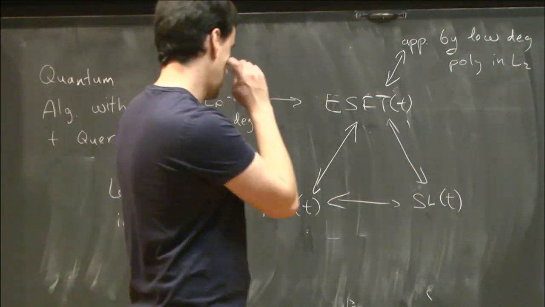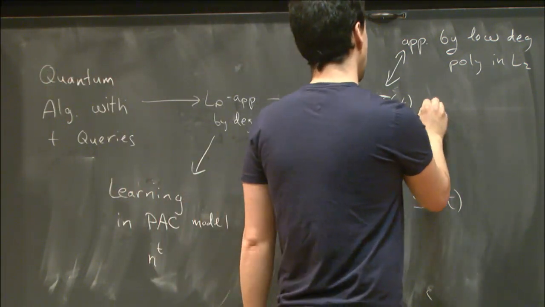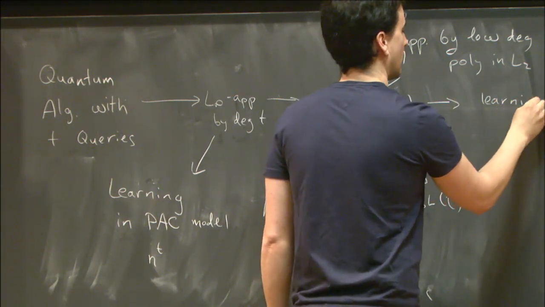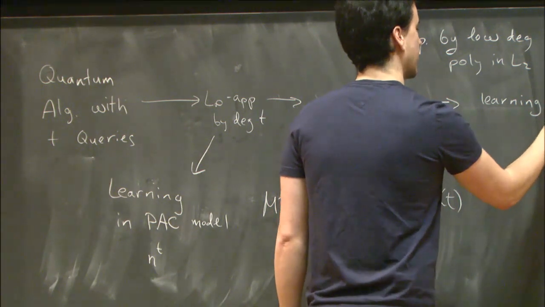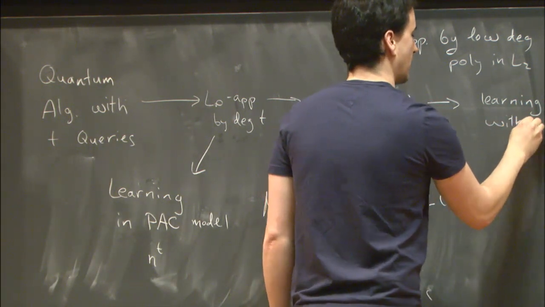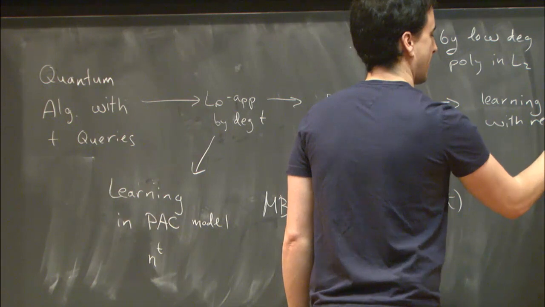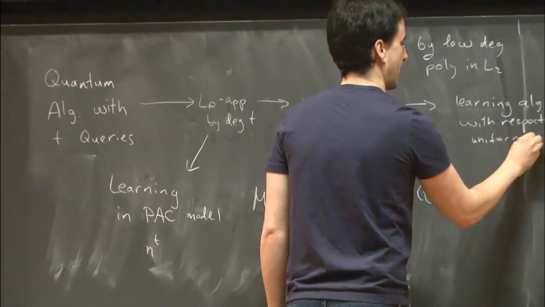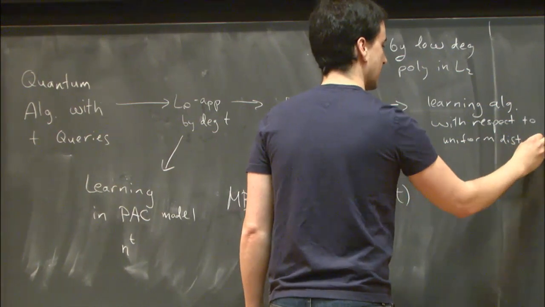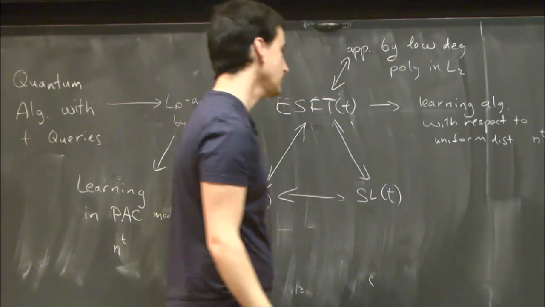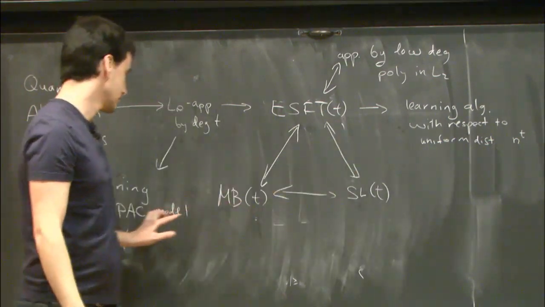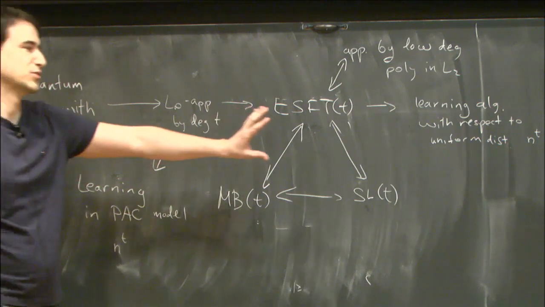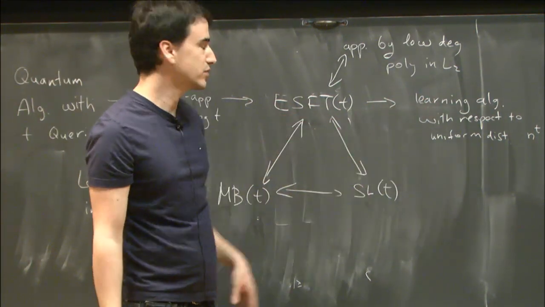This thing implies that you have a learning algorithm with respect to the uniform distribution with the same running time n to the t. So this is weaker than this. If we have this, it means that we can learn with respect to any distribution. This means that we can only learn with respect to the uniform distribution.